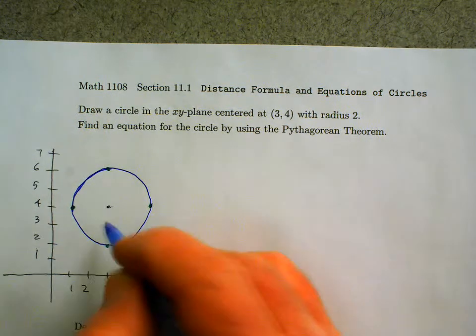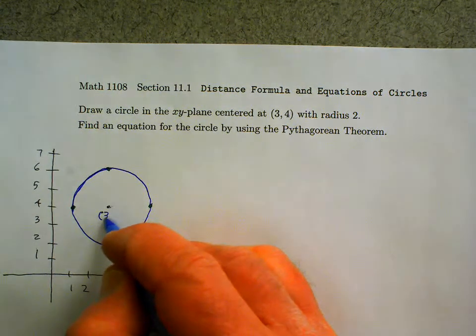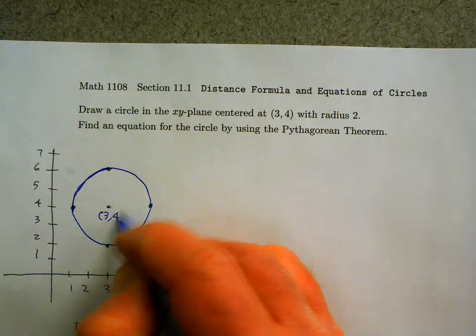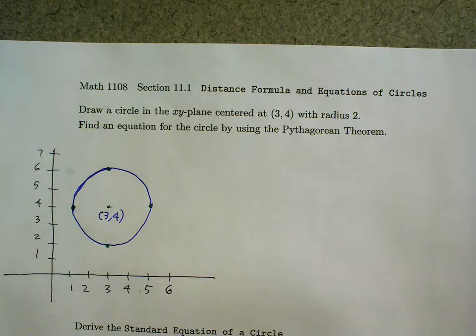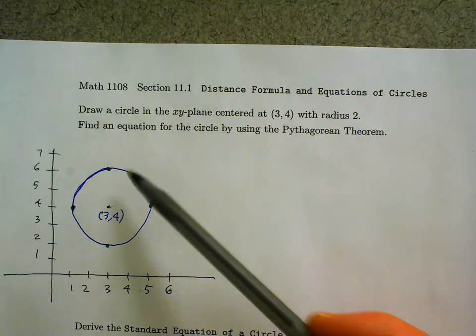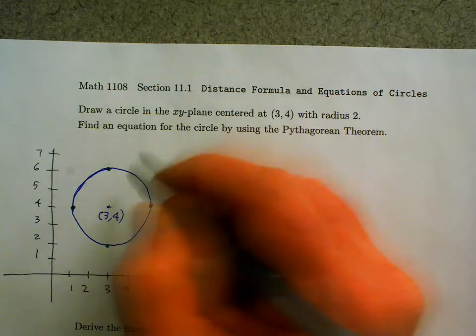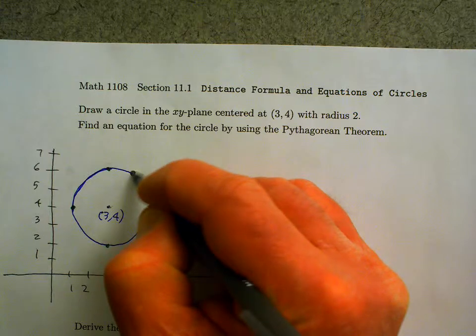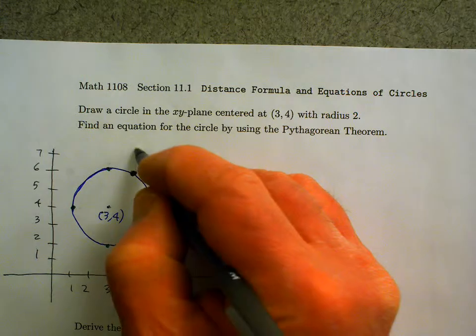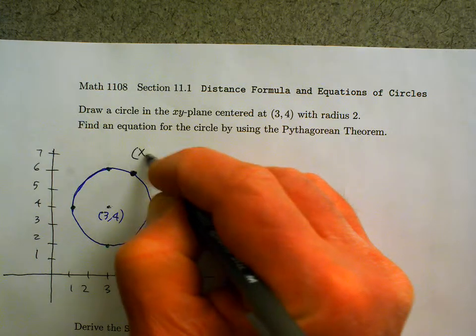The center of the circle is the ordered pair 3, 4. And since there are infinitely many points on the circle, we can represent one of those points on the circle as having coordinates x and y.